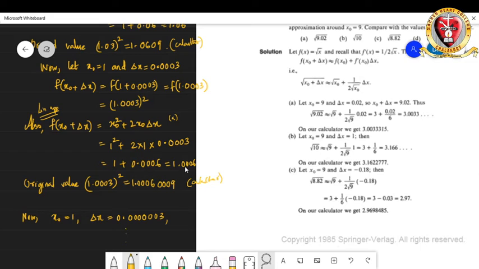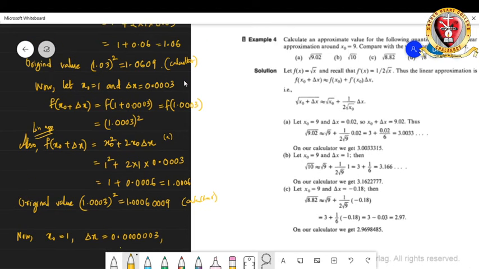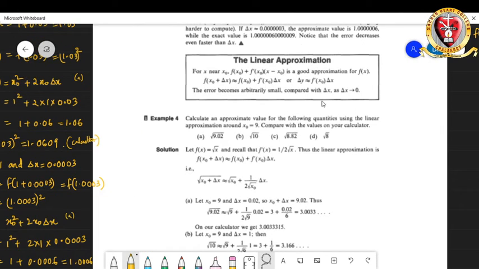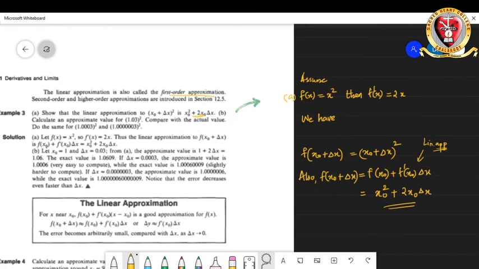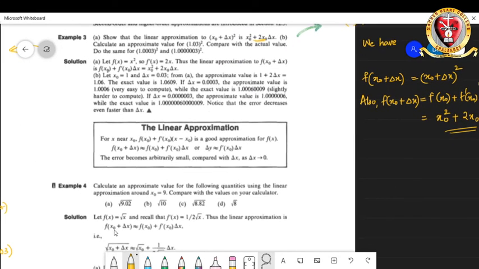So this value is an approximation of the original value. In the same manner, find it for x naught is equal to 1 and delta x is equal to 0.000003, and we end the question. Here the linear approximation is again given in tabular form, which we already said. This is just a reminder about what we said.